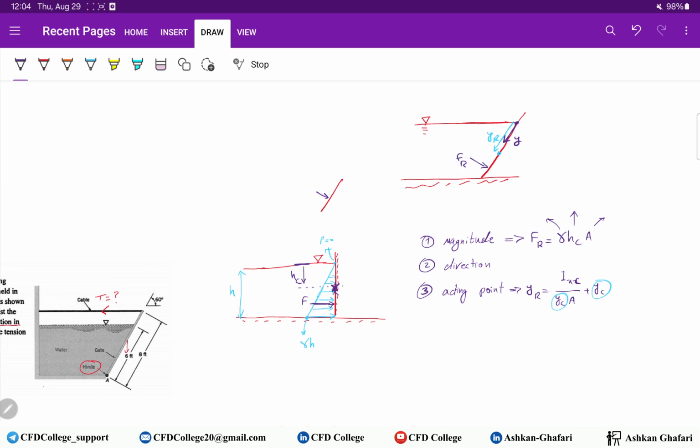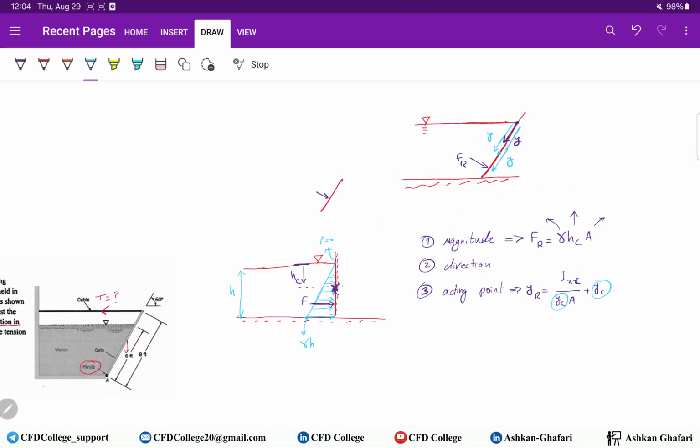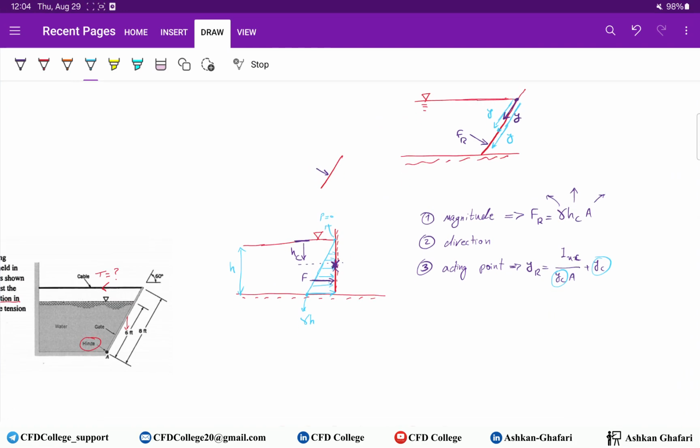This is F_R, and sorry, this is y_R. Oh, I'm really sorry. This is y_R and this is y_C. Here is the centroid, the center of gravity. Okay, I'm sorry: this is y_C and this is y_R. Now you know the difference.